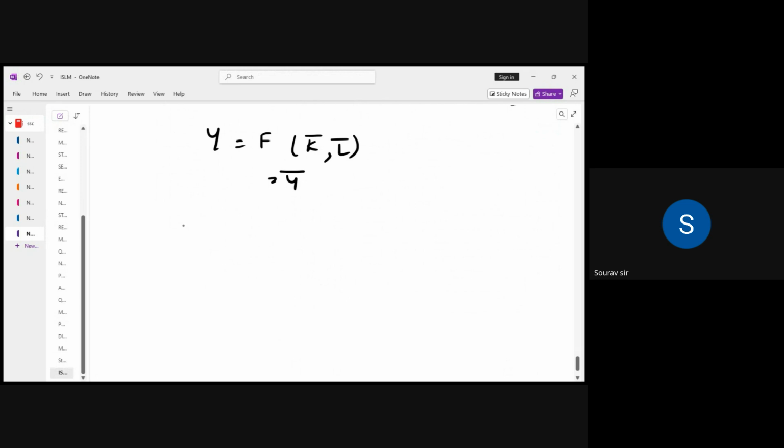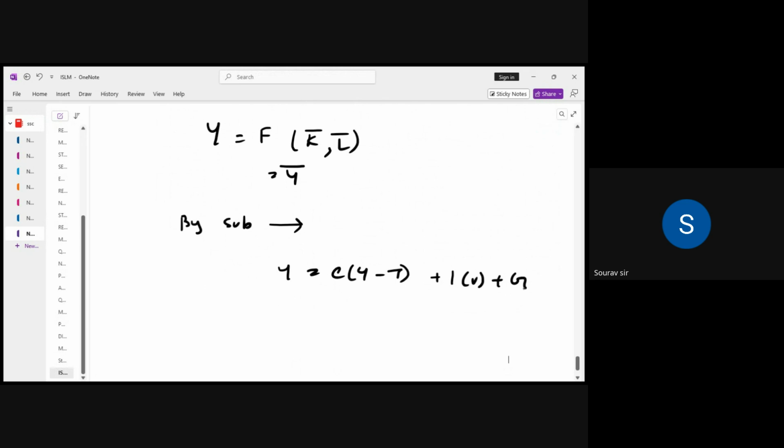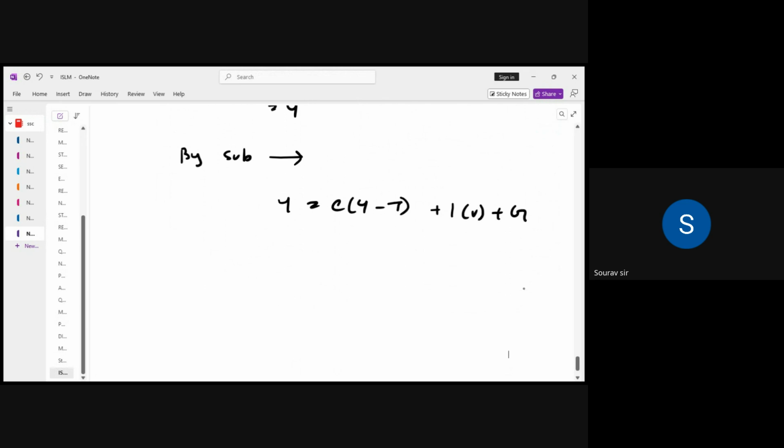Substituting the consumption function and the investment function in the national income identity, we get Y is equal to C of (Y minus T) plus I of R plus G.